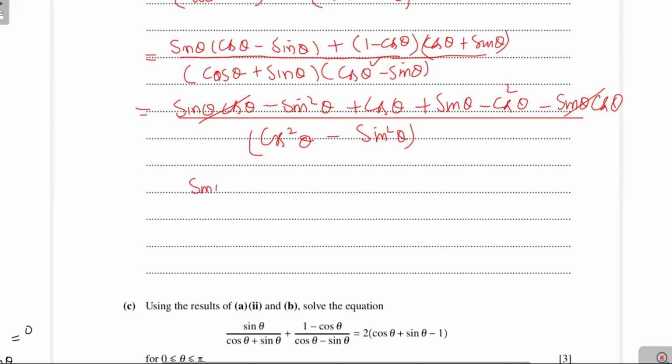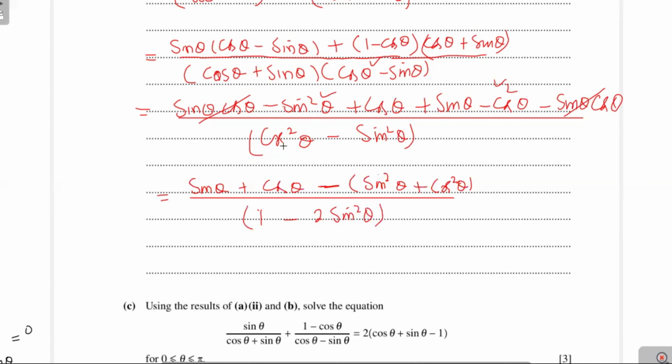sin theta plus cos theta minus sin square theta plus cos square theta. We combine these two values, and therefore we can write it as cos square theta minus sin square theta is equal to 1 minus 2 sine square theta, and this is the formula.